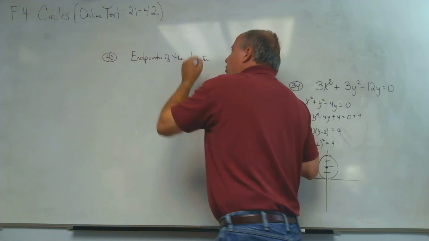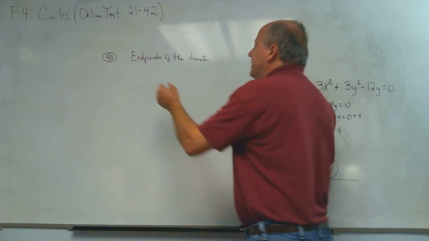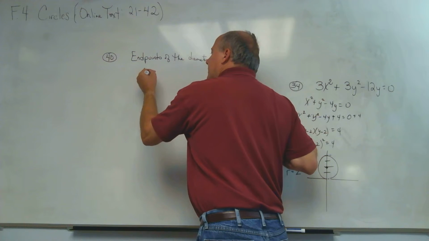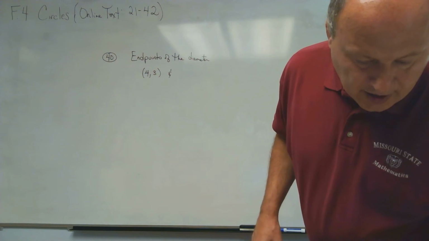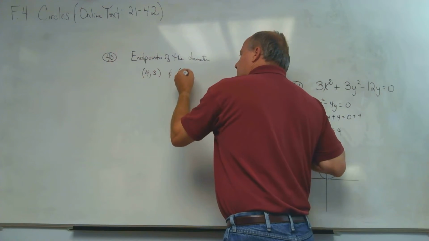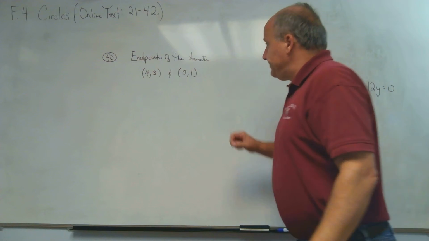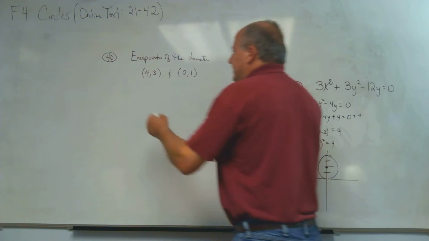They better be giving me 2 points, and I think they do. It's 4, 3, and 0, 1. Now, they just tell me what the endpoints of the diameter are. So it looks like this.